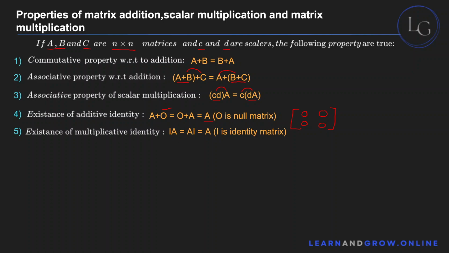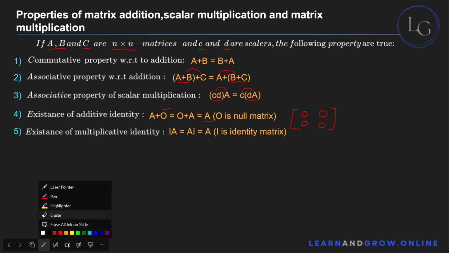For example, let's just rub this here. Now, see, it says here that the existence of a multiplicative identity, if you have the multiplicative identity multiplied with A, or if you multiply A with the identity matrix, it will give you A as the result.